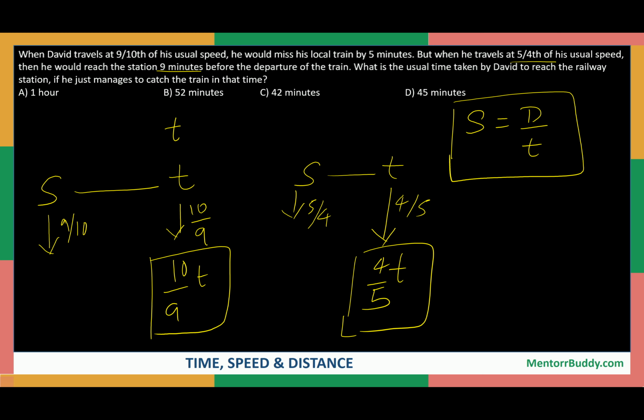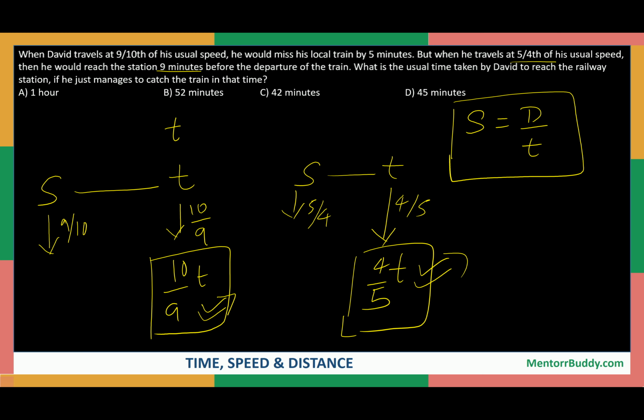So what is the time difference between these two timings? In 10/9t, he is getting late by 5 minutes, and in 4/5t, he is reaching 9 minutes before. The time difference between these two values will be what? That is 5 minutes late and 9 minutes before.